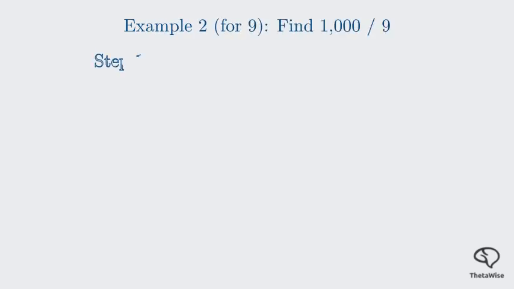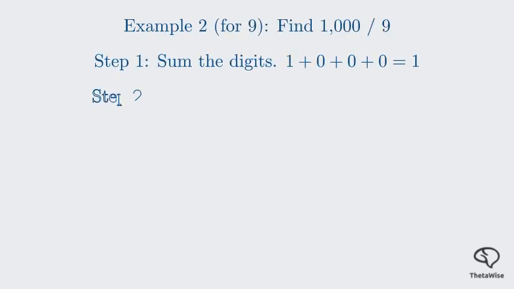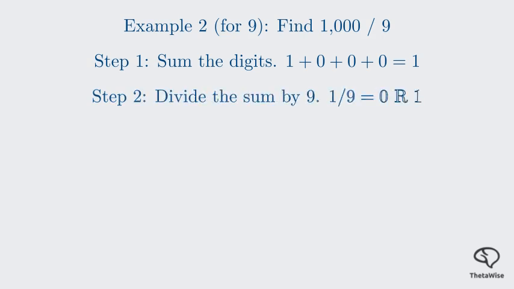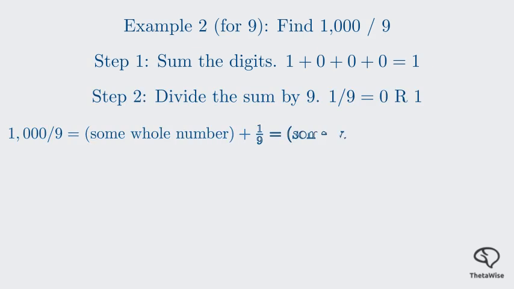Sum the digits. 1 plus 0 plus 0 plus 0 equals 1. Divide the sum by 9. 1 divided by 9 is 0 with a remainder of 1. The remainder is 1. So 1,000 divided by 9 is some whole number plus 1/9, which is 0.111.